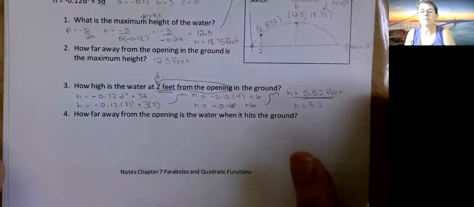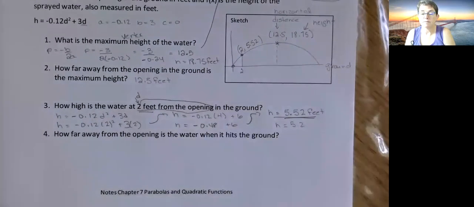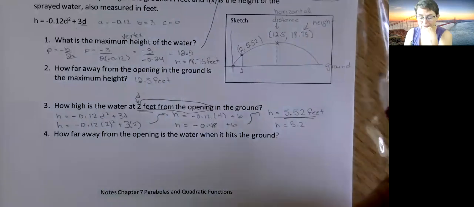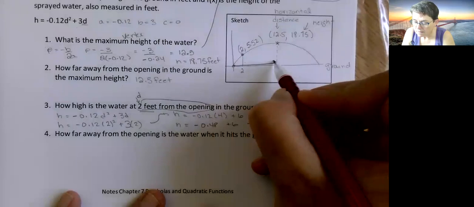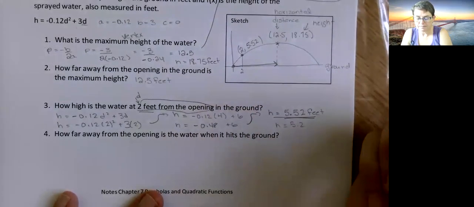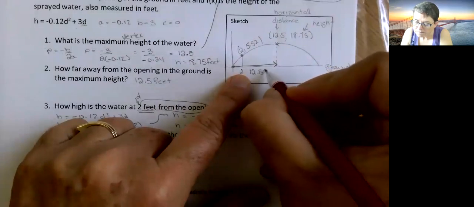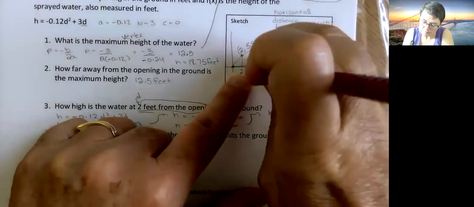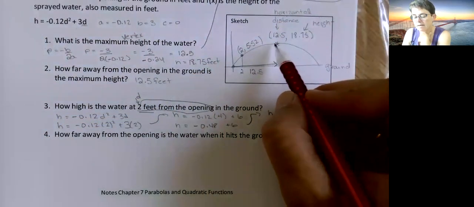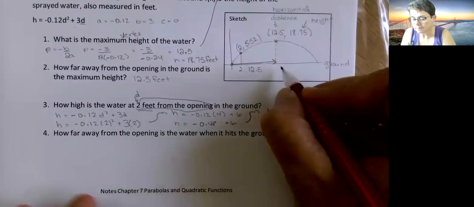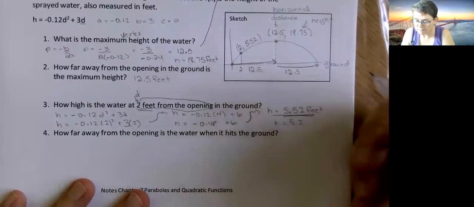All right, last question. How far away from the opening is the water when it hits the ground? Well, this one's actually pretty easy, and we don't have to do a whole lot of calculations. From here to here, we said was 12.5 feet, and that takes us up to its maximum. And because of the beautiful symmetry of the parabola, this distance is also going to be 12.5 feet.